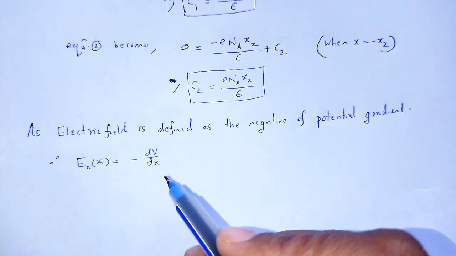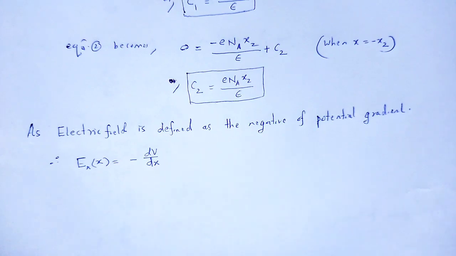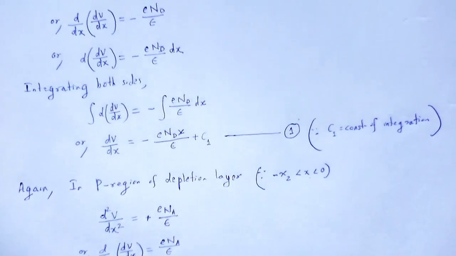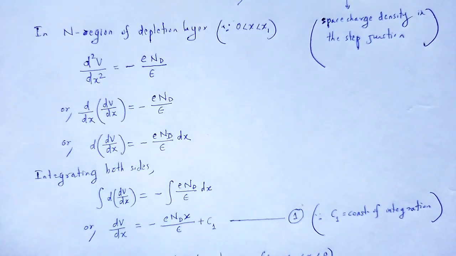The value of dV by dx now we have to put from taking n region expression. This is the expression for n region dV by dx.